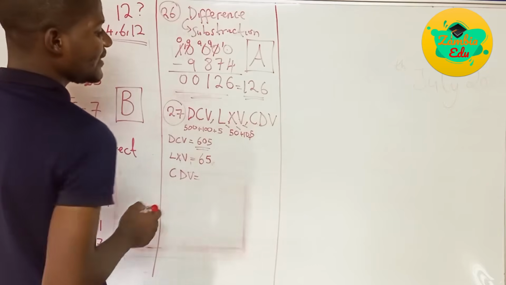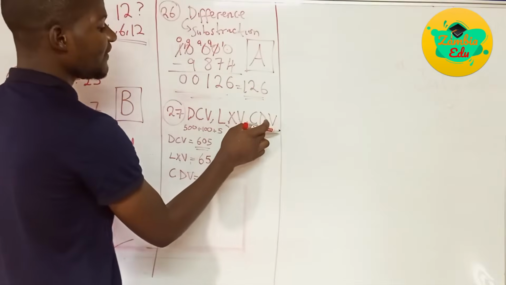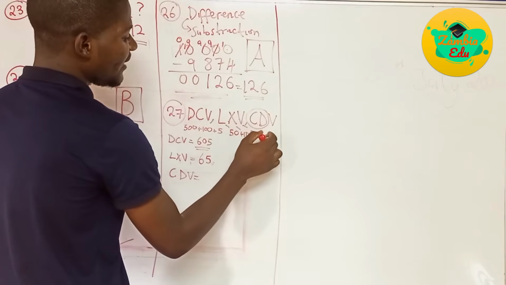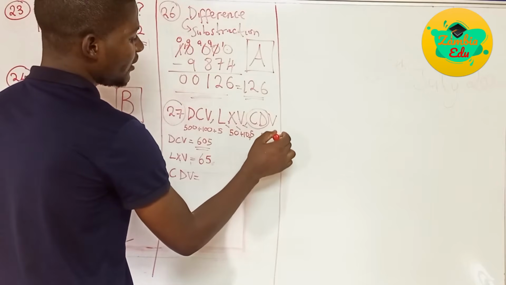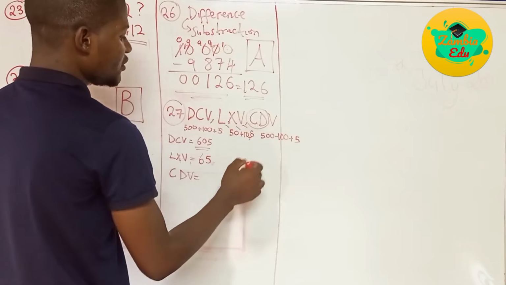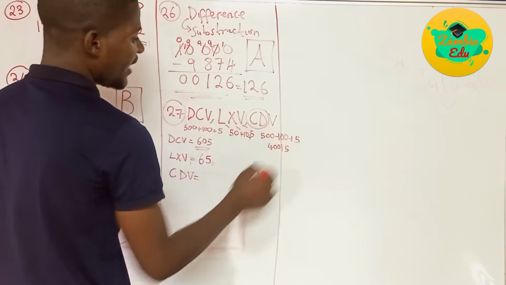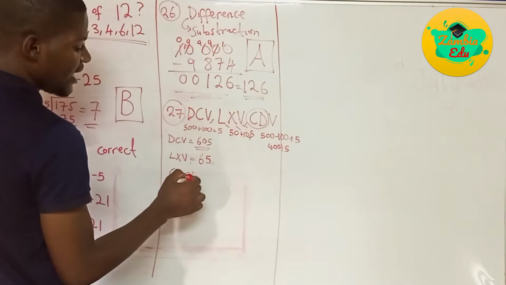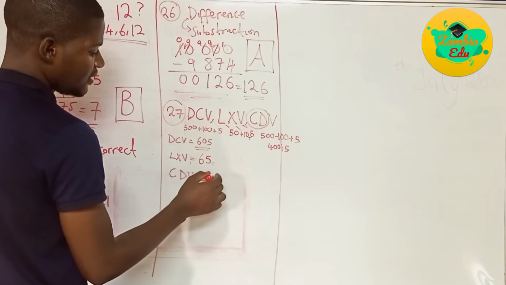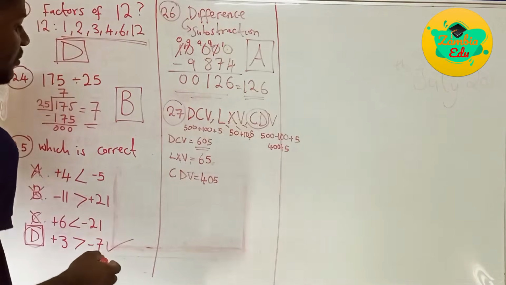So C is 100, which has come in front of a D, which is 500. So this one simply means 500 take away 100, then plus the 5. So we are looking at 400 plus 5, and that CDV becomes 405.